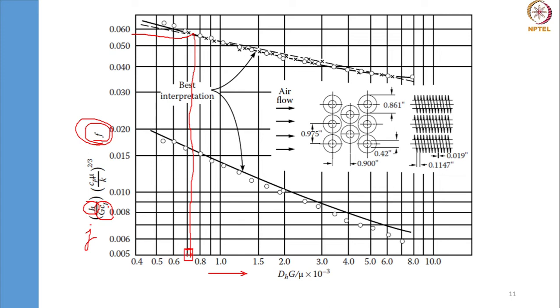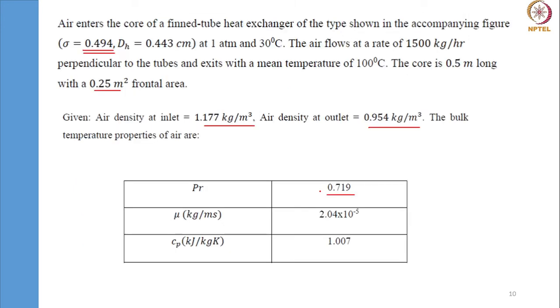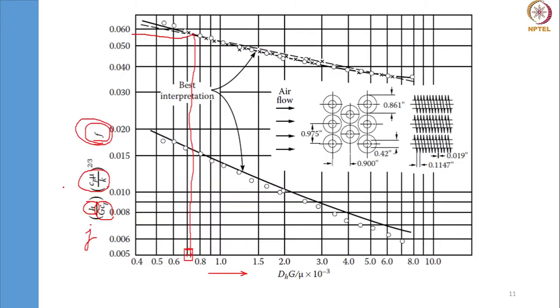Can anyone tell what this quantity mu Cp by k is? Prandtl number. Yeah, it's the Prandtl number of air. So mu Cp by k, the Prandtl number, is already specified as 0.719 for air. So we just need to find out the h value.